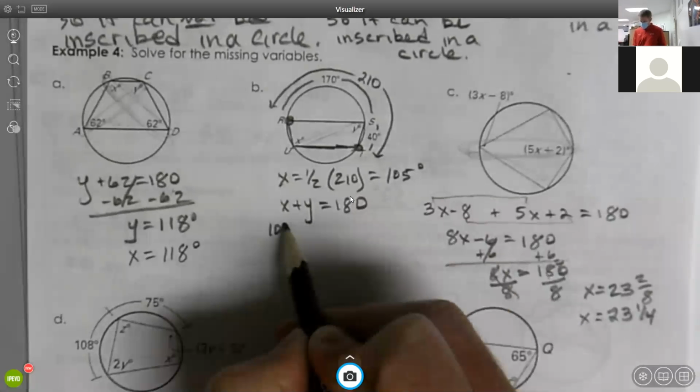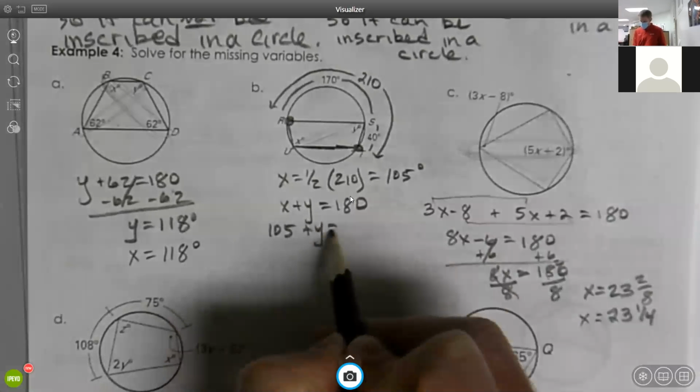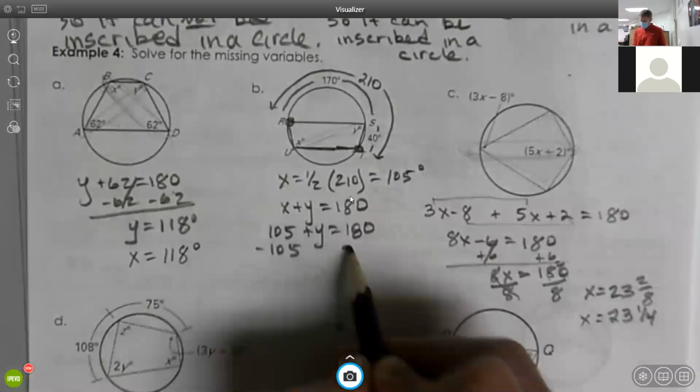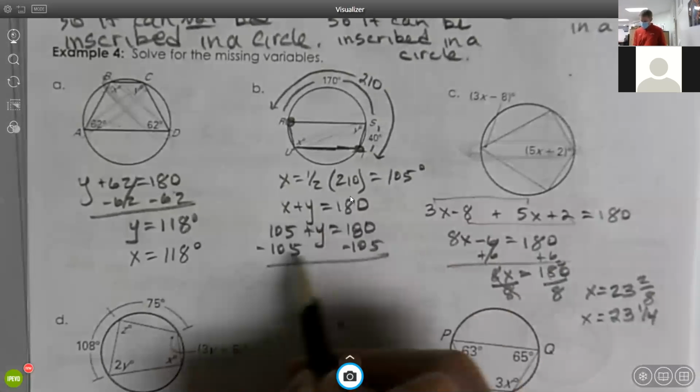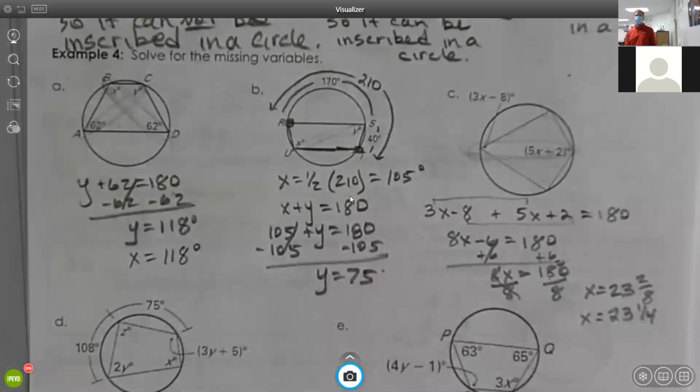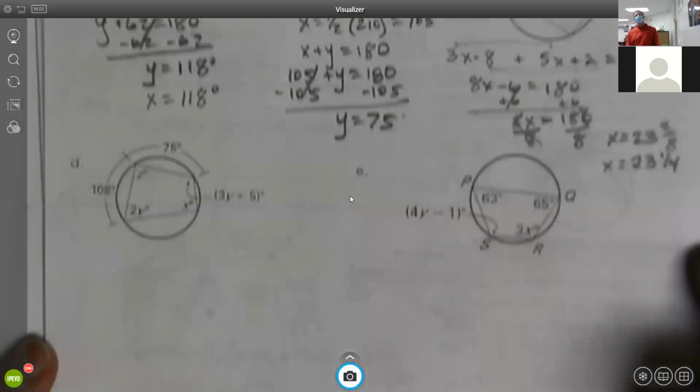You plug in your 105, and when you subtract that, we should get 75. So X is 105 and Y is 75. Now come the 2 toughest ones.